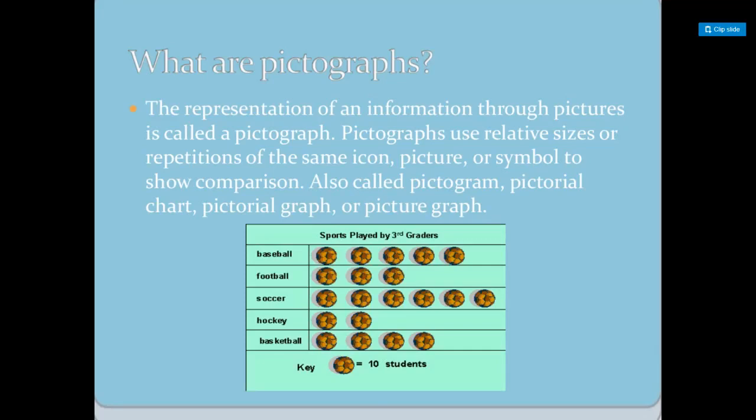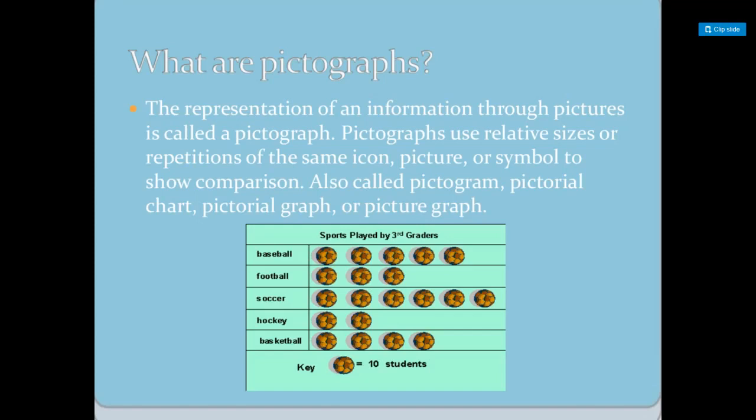We will do a quick revision of some of the graphical representations that we have learnt in previous classes. Firstly, we will take pictograph. The representation of information through pictures is called pictograph. Here we can take same icons, pictures, symbols to represent the data. It is also called pictogram, pictorial chart, pictorial graph or a picture graph.